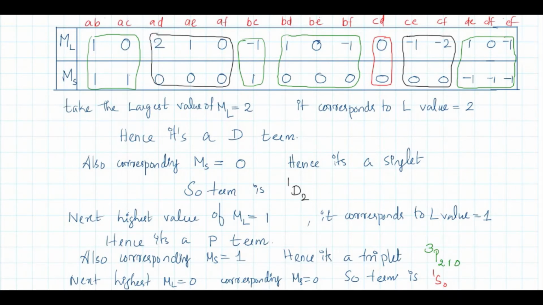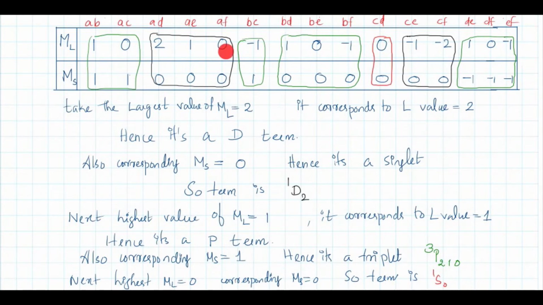ML equal to 2 means it is a part of L value 2. Because if you have L 2, possible ML values are 2, 1, 0, minus 1, minus 2. So ML 2 means it is from an L value 2. L value 2 means it is a D term.